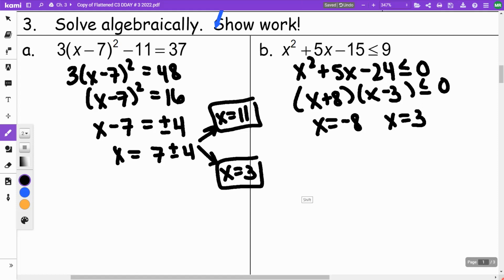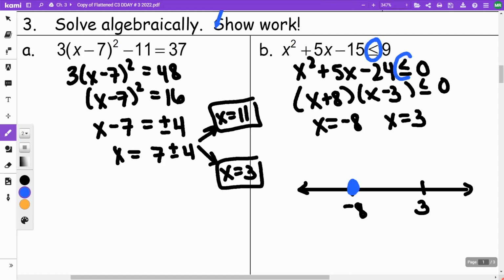So on my number line, I am going to have a -8 and a 3. It is going to be closed dots because of the less than or equal to. So it's going to be included, and I want less than or equal to.